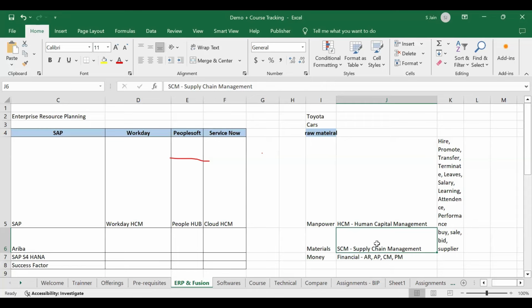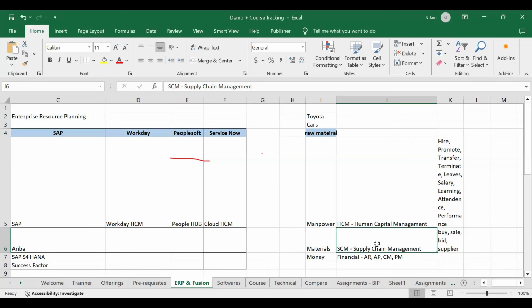Once the material reaches your warehouse, you will get the delivery of that raw material. You start using that raw material, processing it into a finished good. Once you convert the raw material into the finished good, guys, as a product manufacturing company, you will now be selling these products also.